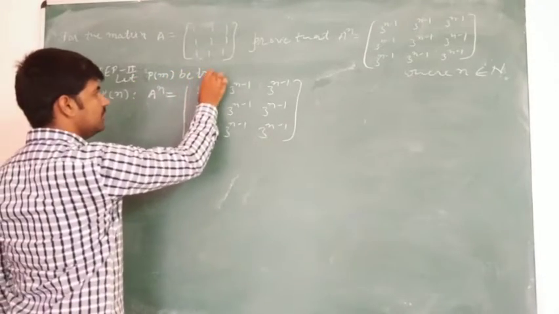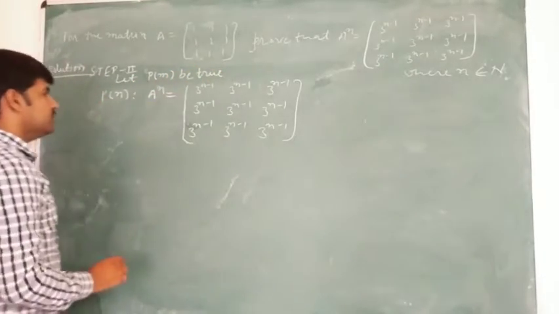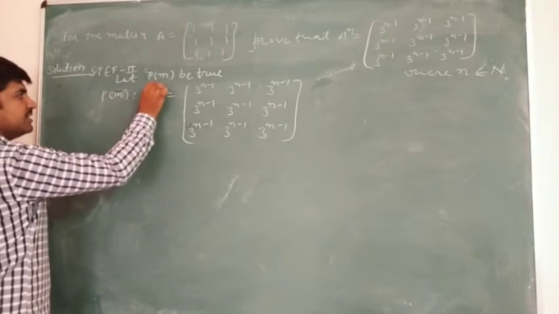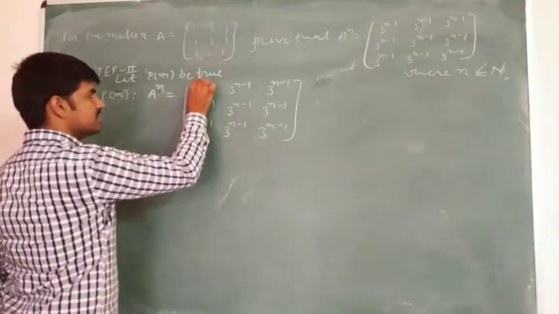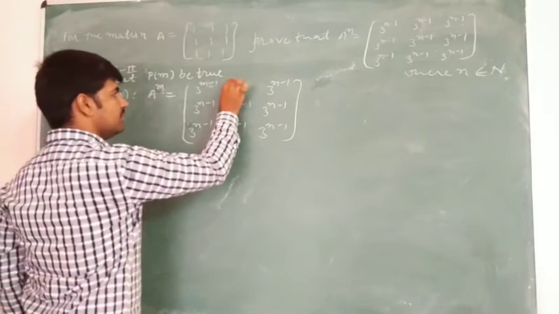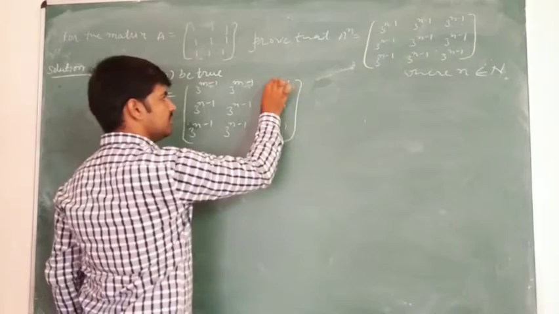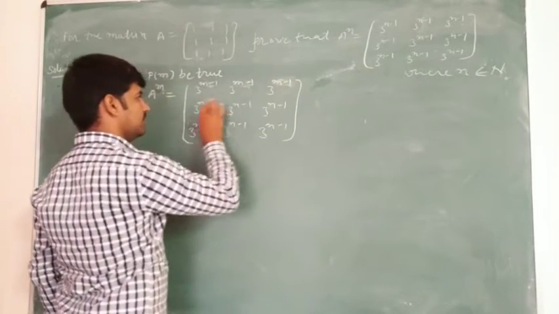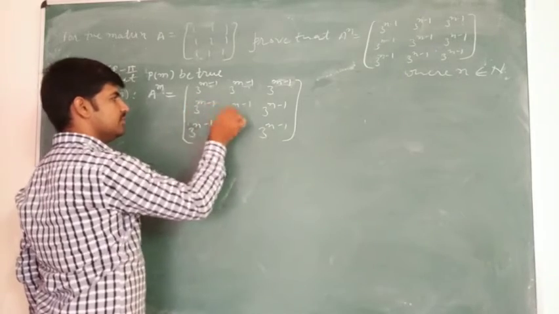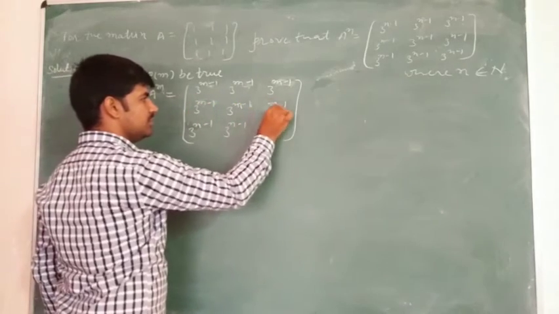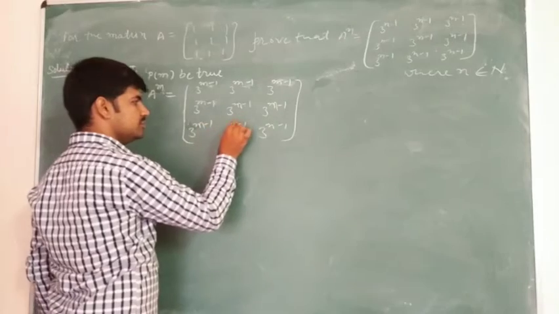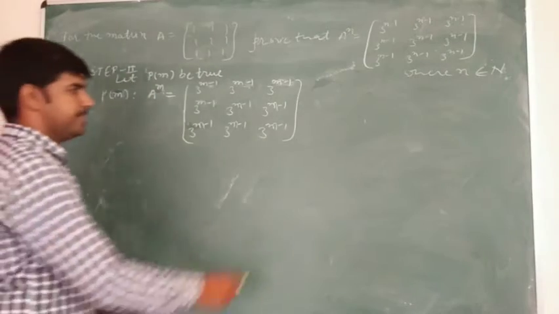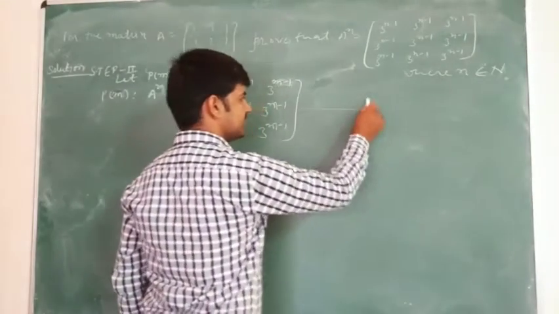When we suppose Pm is true, then A raised to the power m is the matrix with all elements 3 raised to the power m minus 1. So this is Pm, and I give it equation number first.